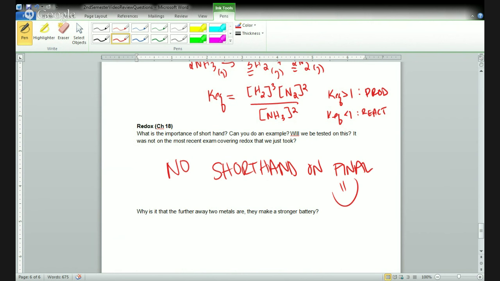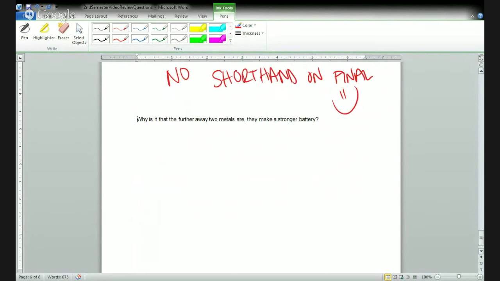All right. And the last question is, why is it that the further away two metals are from each other, the better the battery? This all comes down to electronegativity and what metals want to do when they have electrons. So if we think about the activity series I give you guys, we've got lithium on the top, we've got Ag or Au on the bottom, and there are a whole bunch of metals in between.